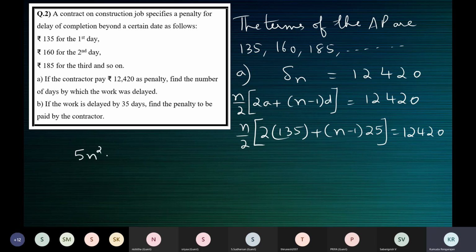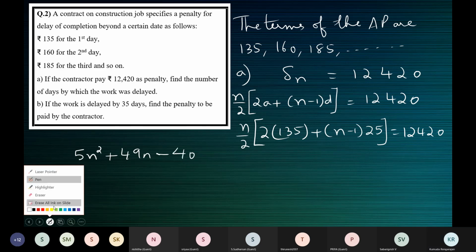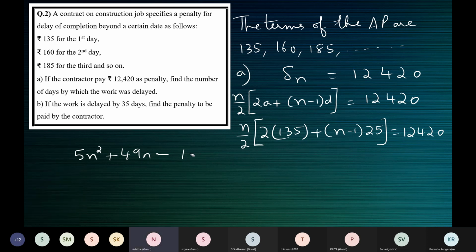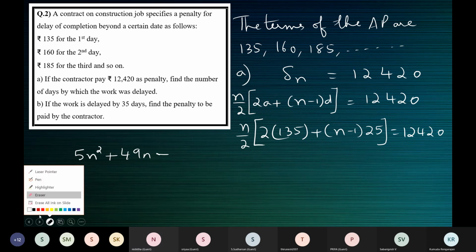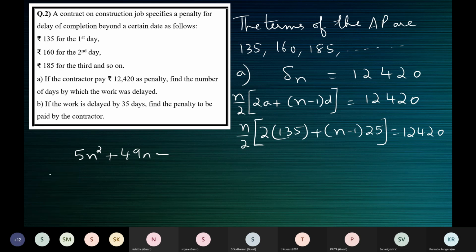Please come again, Tirunish. 5n square plus 49n minus 4968, ma'am. 4,968. Okay. Let's try to solve this.